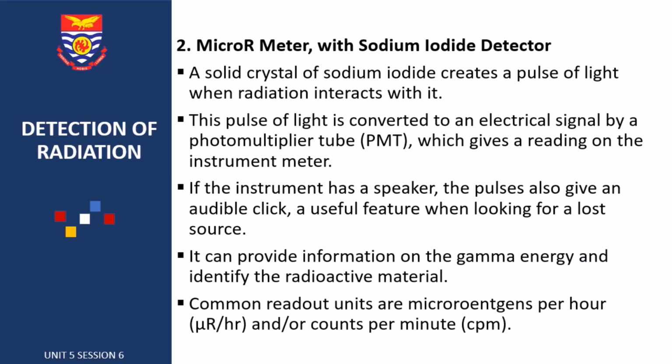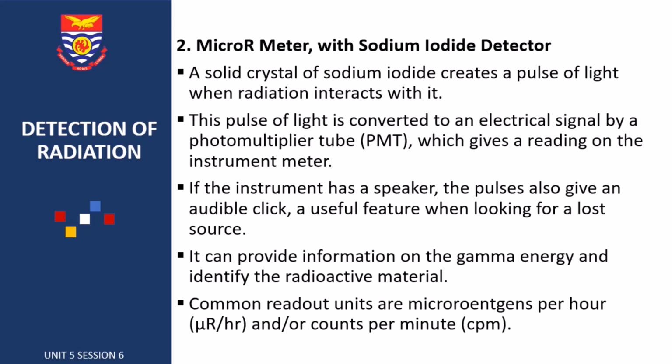Next is the microR meter with sodium iodide detector. So when radiations interact with solid crystals of sodium iodide, it creates a pulse of light. This pulse of light is converted to an electrical signal by a photomultiplier tube, which gives a reading on the instrument meter.